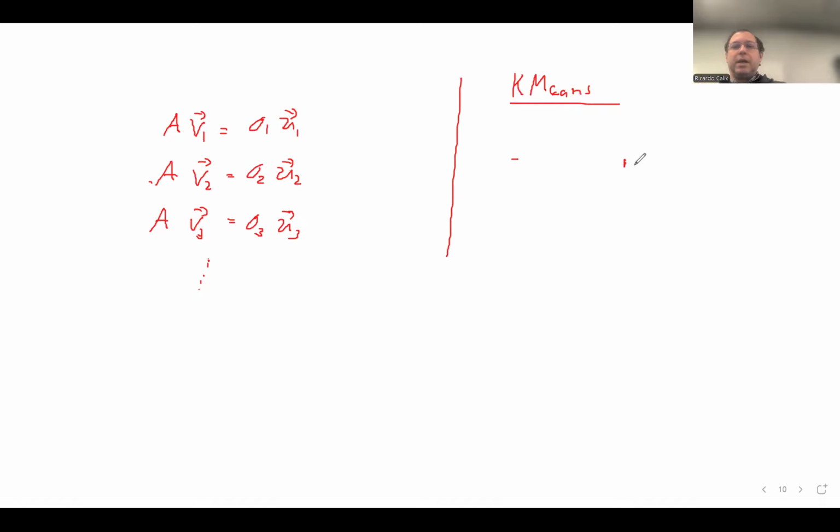So a function like np.linalg.svd of x, right? And that would return 3 matrices, which are U, S, and V, any letter that you want.